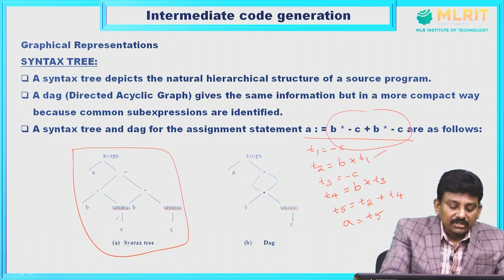T1 is equal to unary minus C and T2 is equal to B star T1.